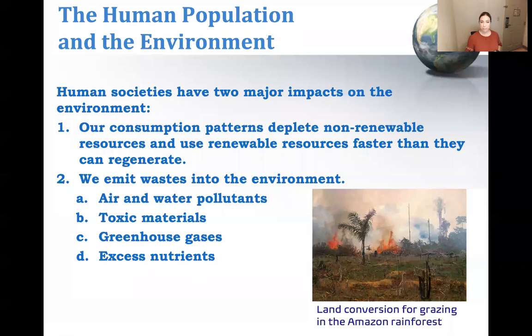Our consumption patterns, how much we consume, and the waste that we produce lead us to deplete non-renewable resources like coal, petroleum or oil, and natural gas, right? We're using these up. And I know there are a variety of predictions regarding when we will run out of coal or oil.